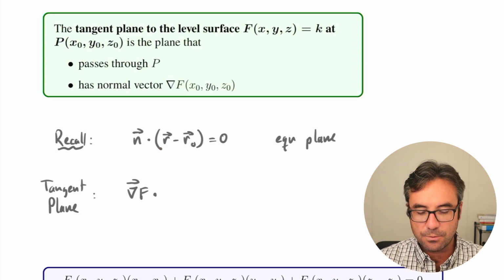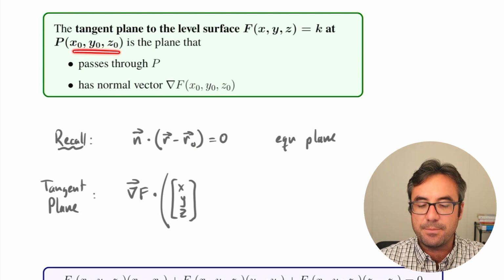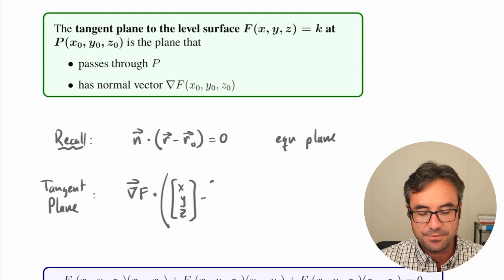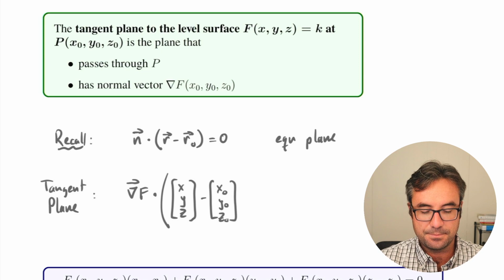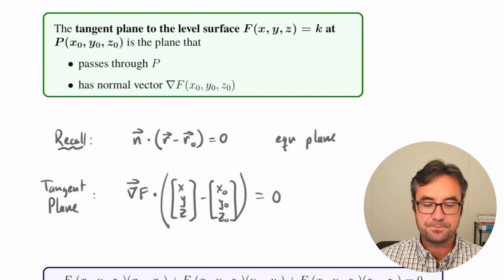And let's write what r actually was. That's where we had x, y, and z. And then r0, that's the actual vector given by our point, our position vector. So that's x0, y0, z0. And we set this equal to 0.